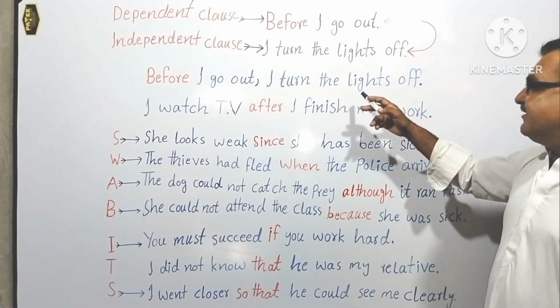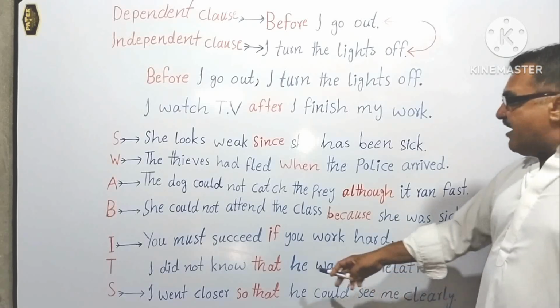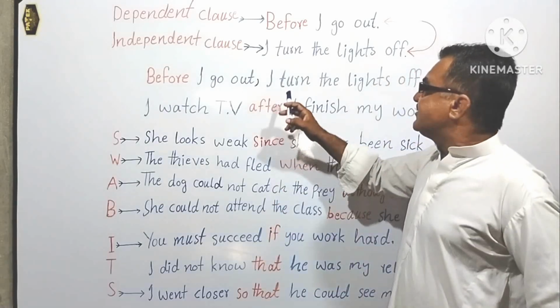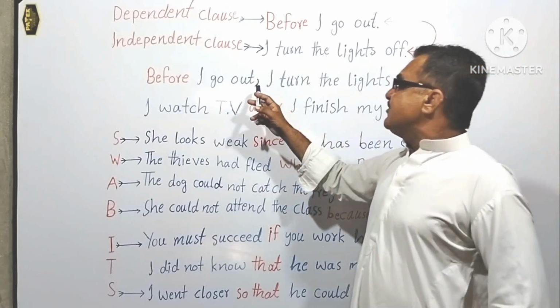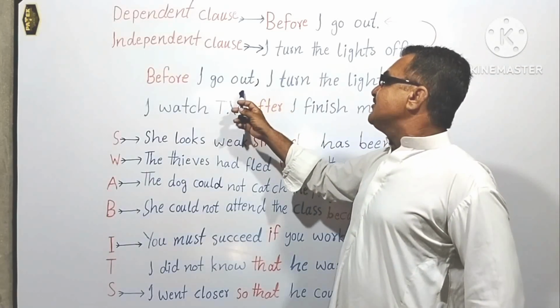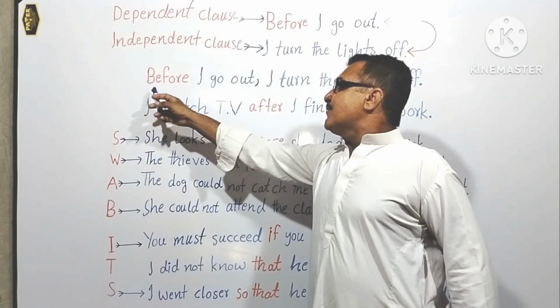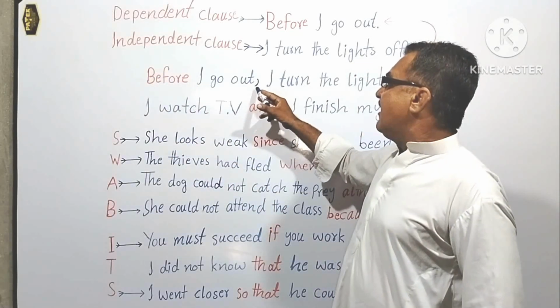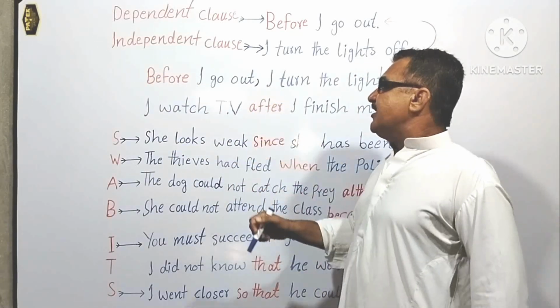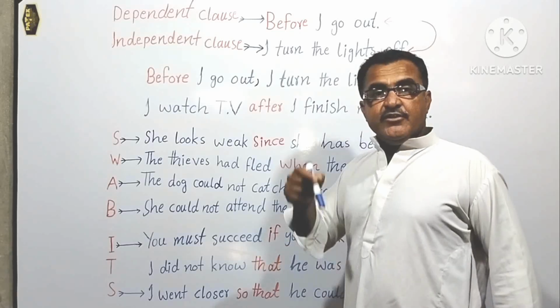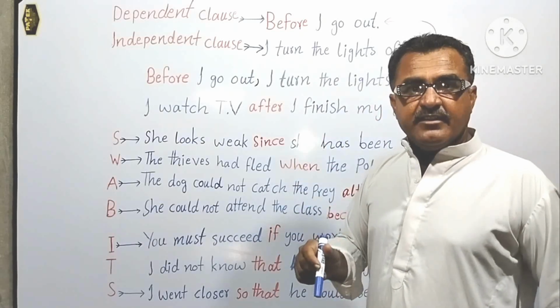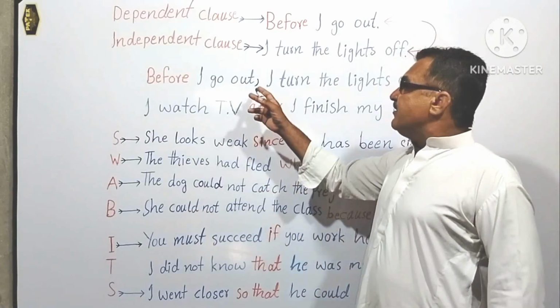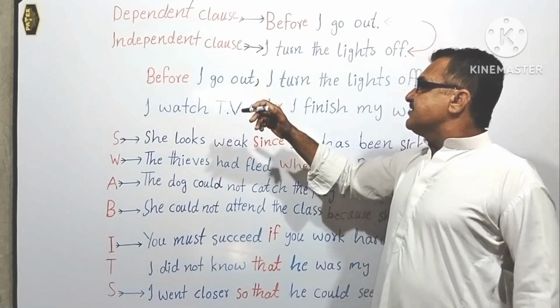at the end. So that's why we have not used any punctuation here except this one. Why is there a punctuation, a comma? Because the dependent clause has come first. When your dependent clause comes first, you have to put a comma after the clause.